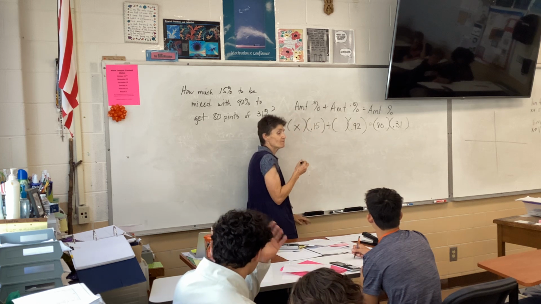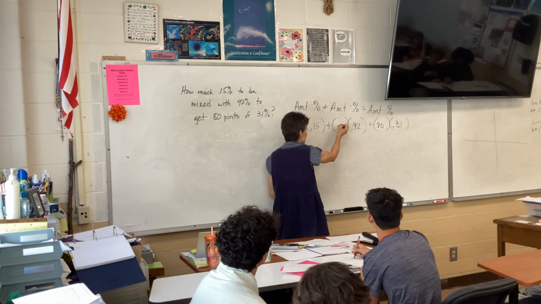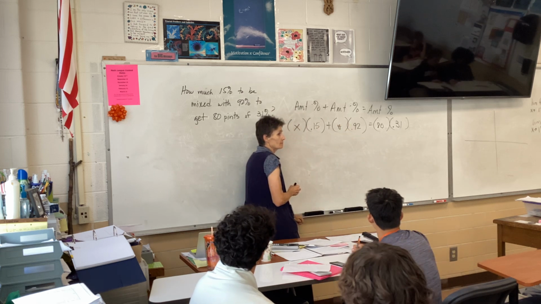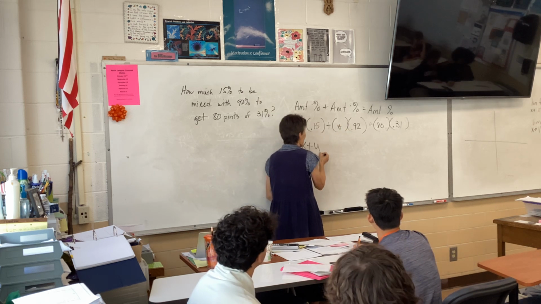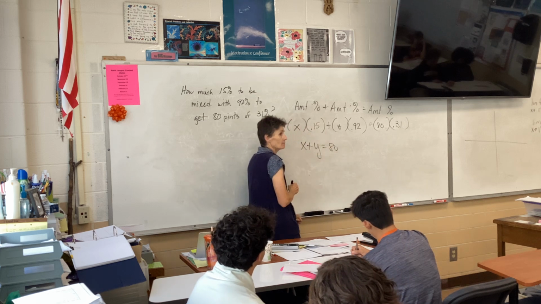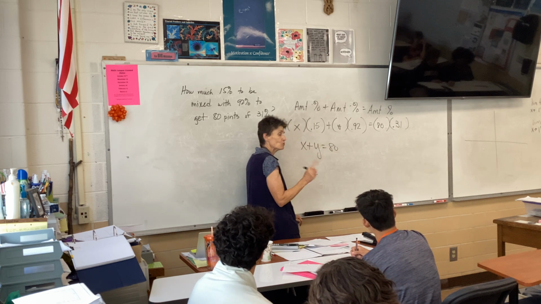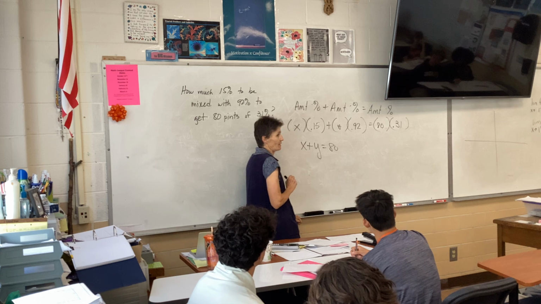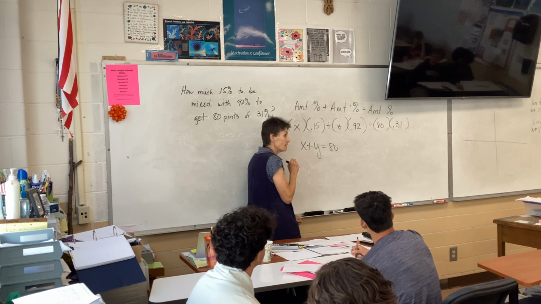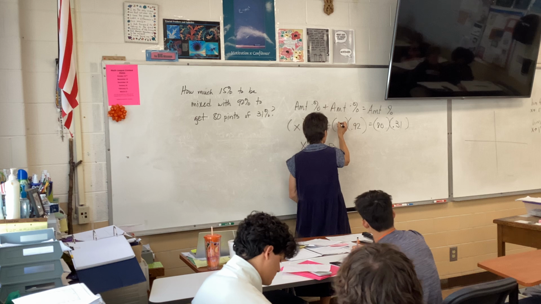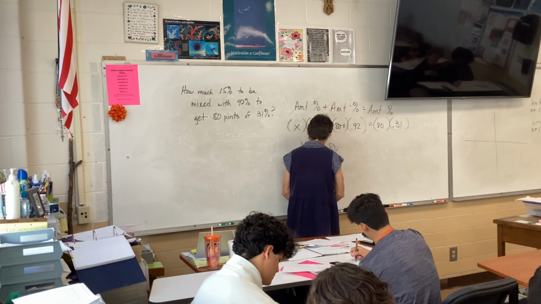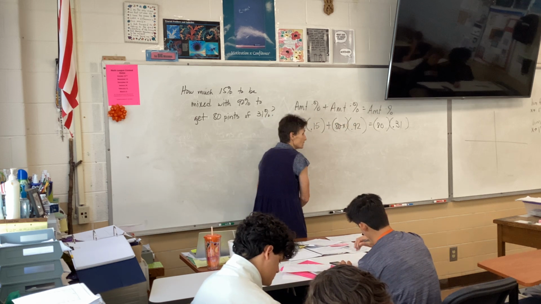If you can't visualize this, think of that as Y. X plus Y have to be 80, right? So what is Y? You can't do the problem with Y. You have to get rid of it. So Y is 80 minus X. So I'm gonna put 80 minus X right here, and I'm gonna solve my equation.